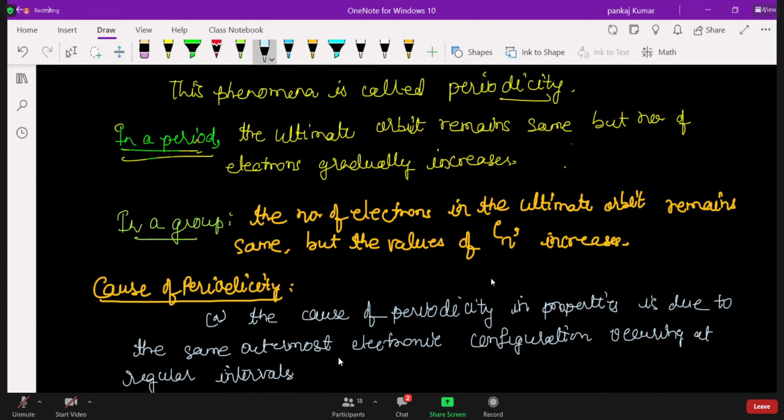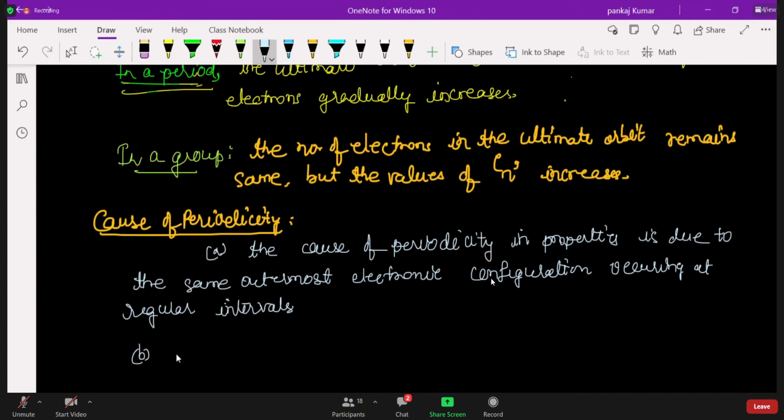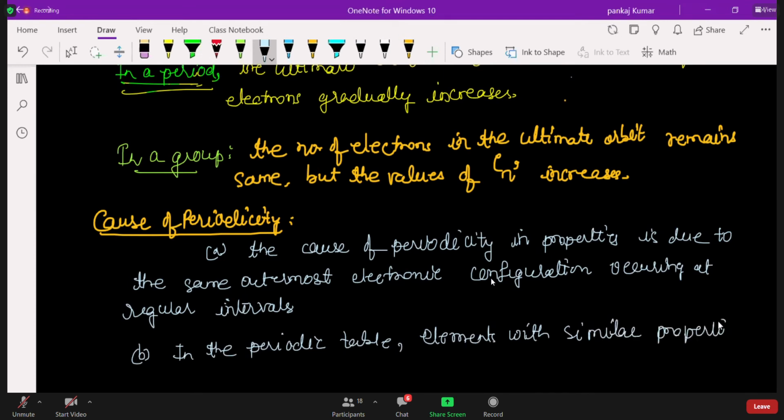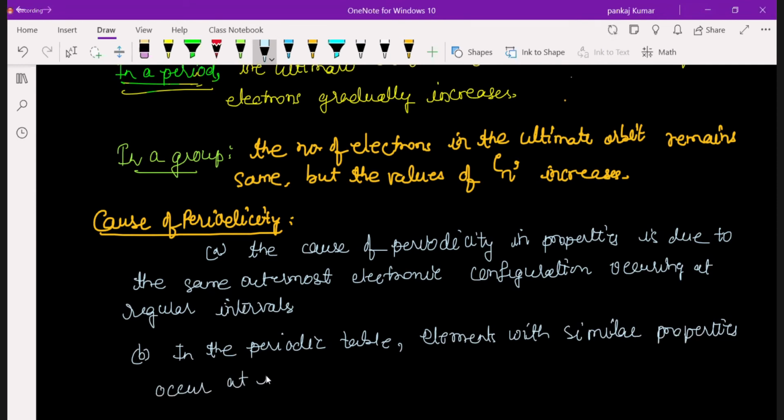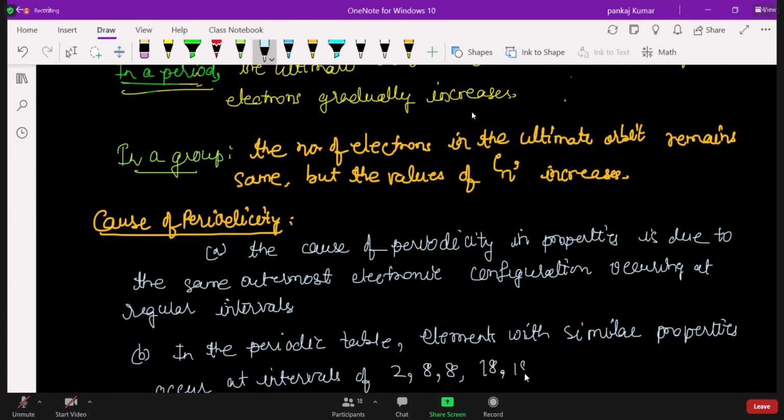This is the first point, and the second point is: in the periodic table, elements with similar properties occur at intervals of 2, 8, 8, 18, then 18 and 32.